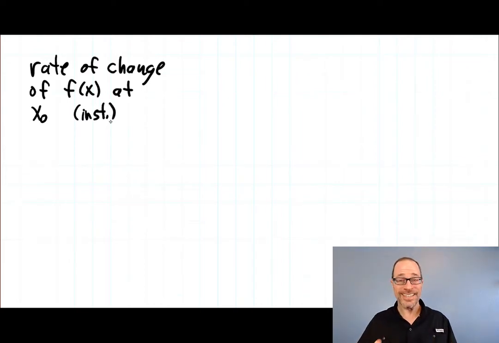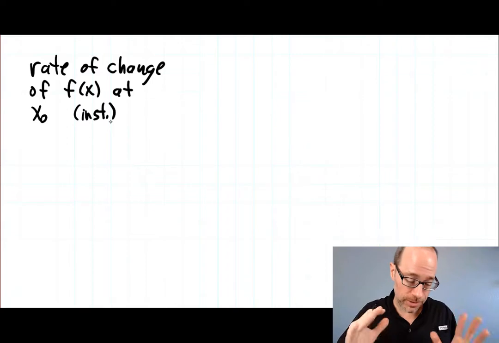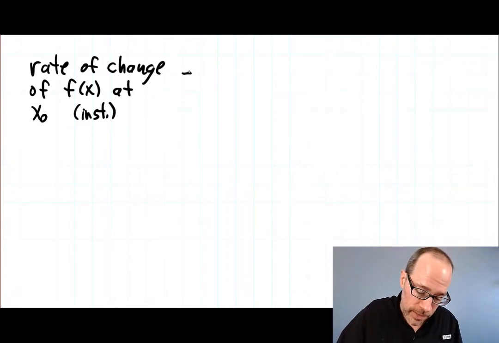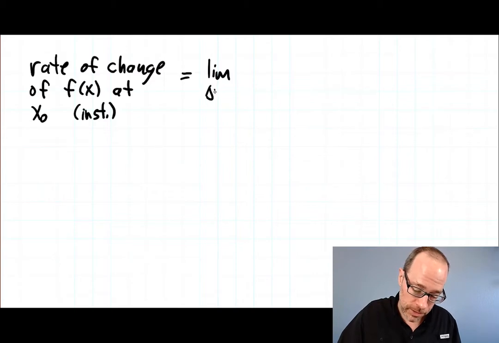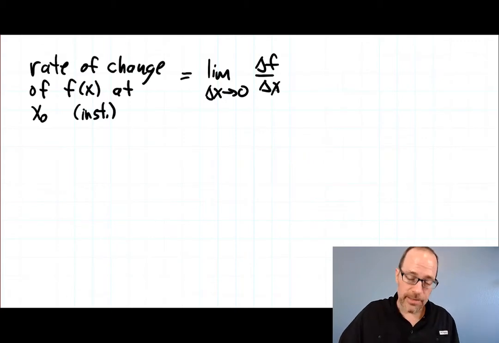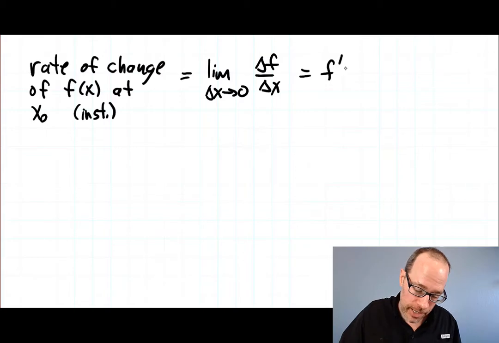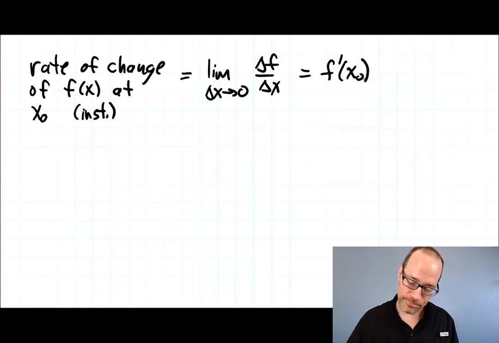They really mean the instantaneous rate of change, but they usually just call it the rate of change, is the limit of that average rate of change. So the limit as delta x goes to 0 of the change in f over the change in x. This, of course, is just the derivative. So that's f prime at x naught.